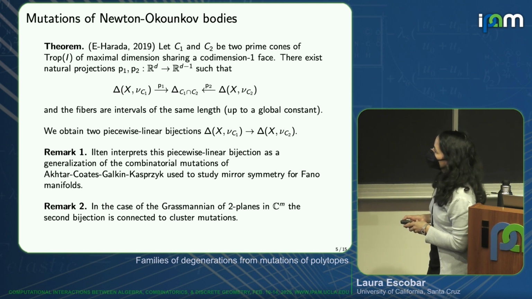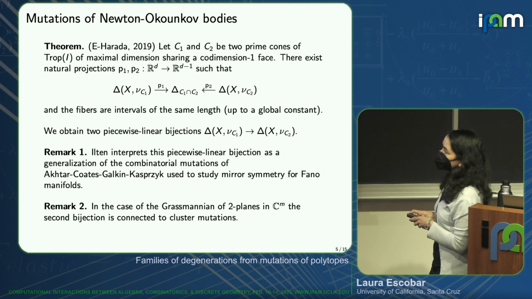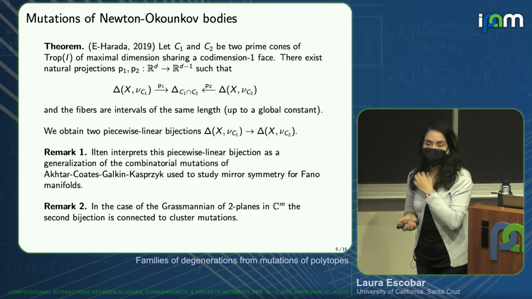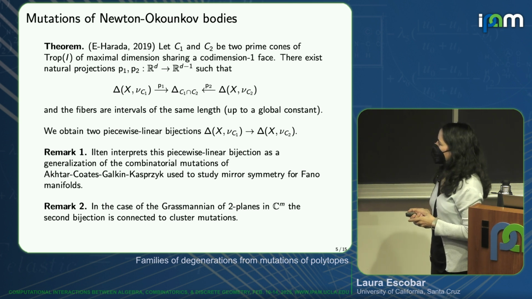Okay, so two remarks that are important. Here is my same theorem by me and Megumi. Nathan Ilten, in an appendix to our paper, interprets these linear bijections as a generalization of the combinatorial mutations of Akhtar, Coates, Galkin, and Kasprzyk, which appear in the study of mirror symmetry for Fano manifolds, especially toric cases.